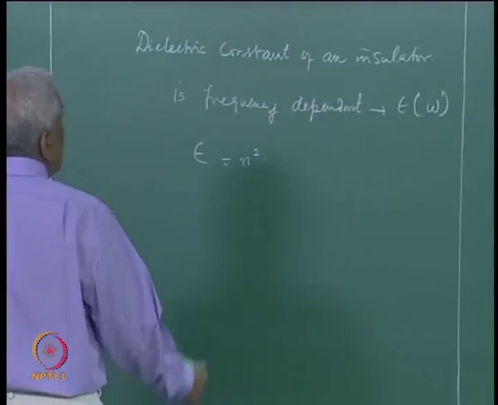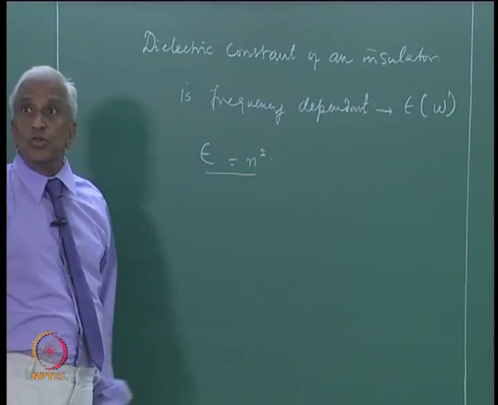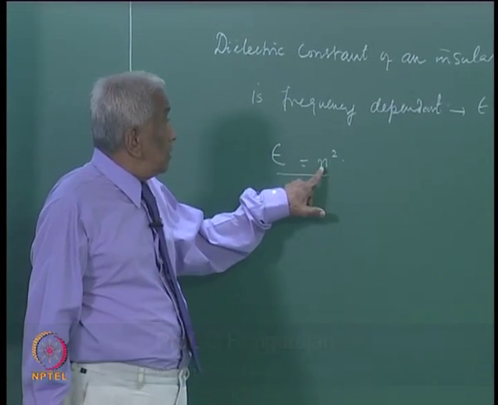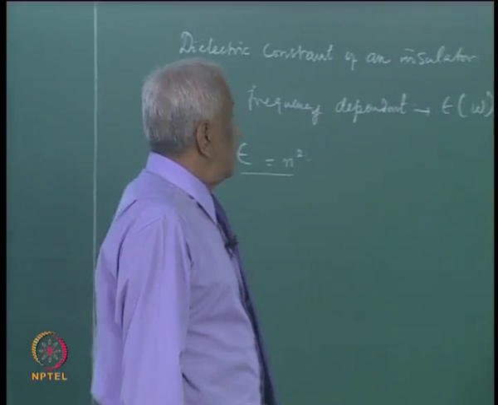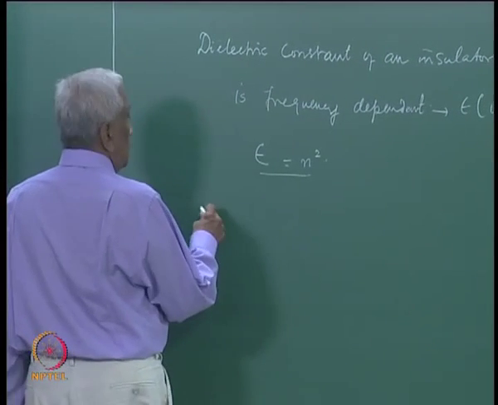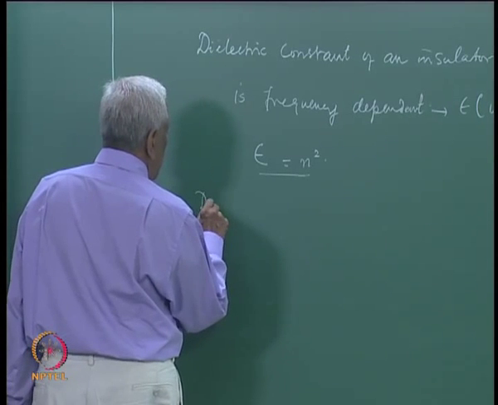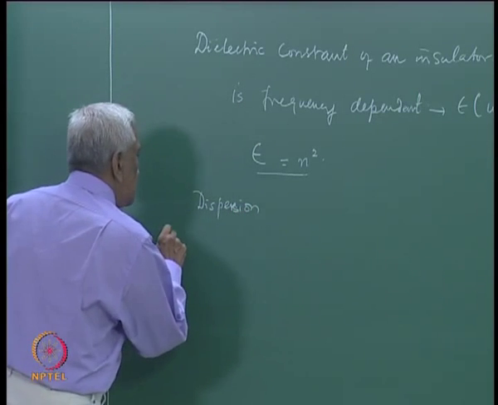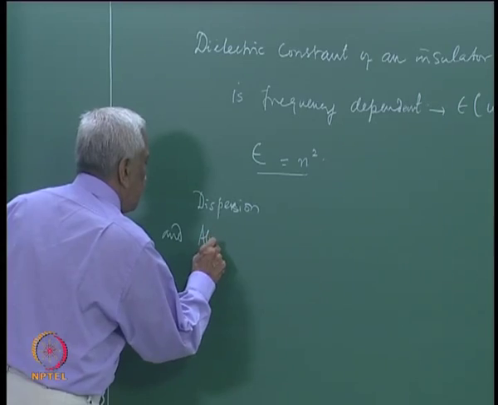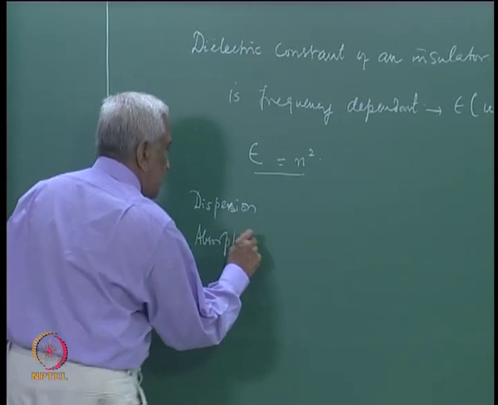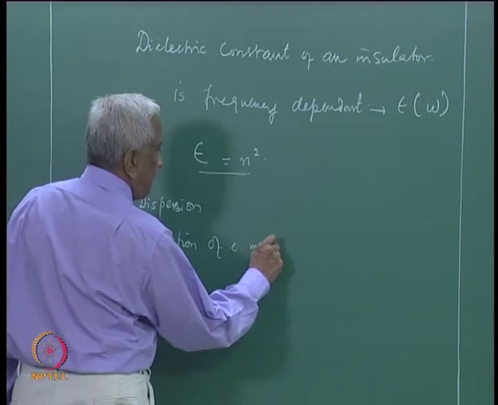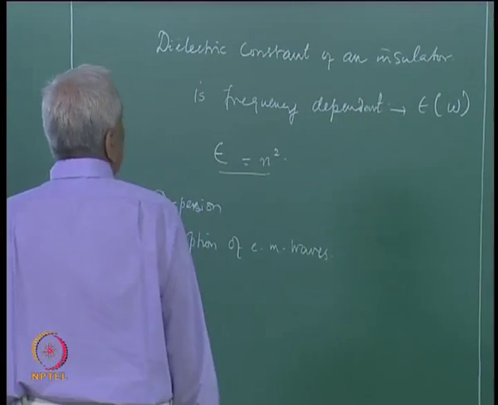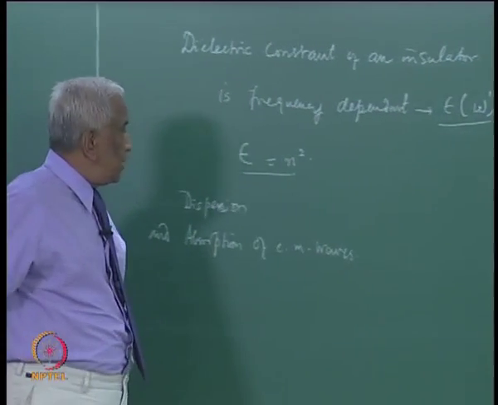So, this frequency dependence also leads to a frequency dependence of the refractive index, and in particular this leads to the phenomenon of dispersion and absorption of electromagnetic waves when propagating through a medium which is characterized by this dielectric function epsilon omega.